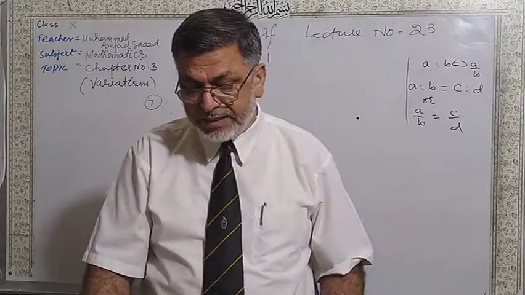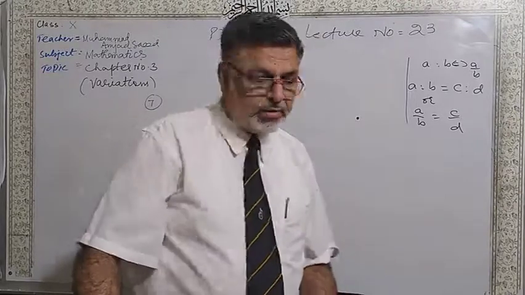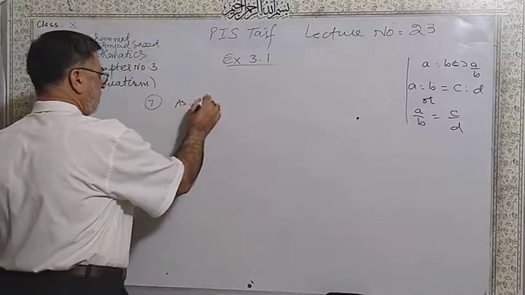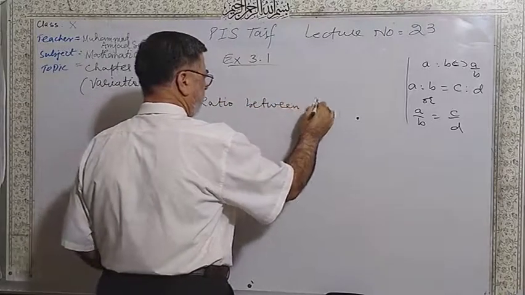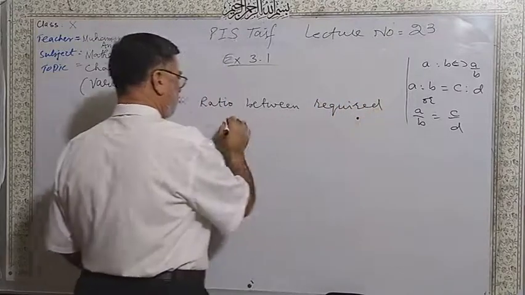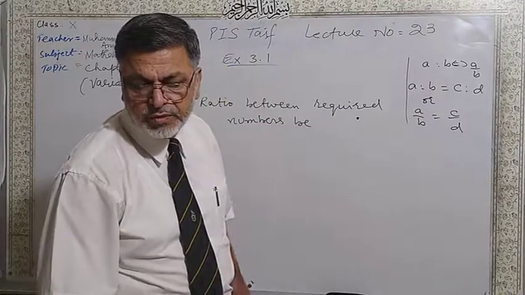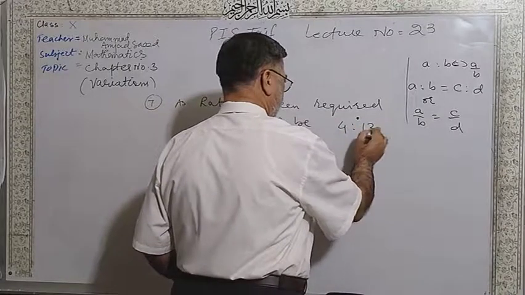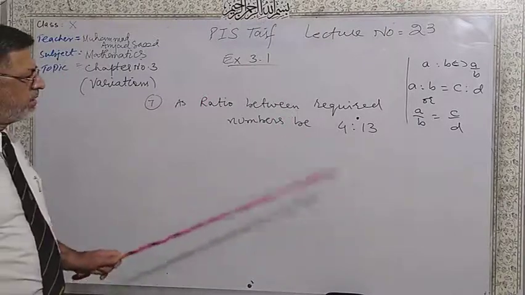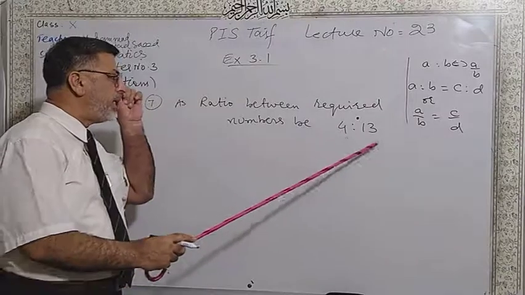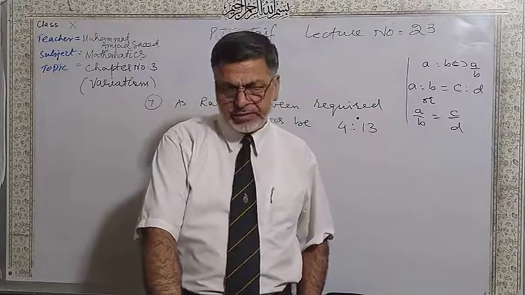So question number 7: if 10 is added to each number, the ratio between the required numbers becomes 4:30. Remember that as the ratio between required numbers is given, we attach a variable with these numbers.